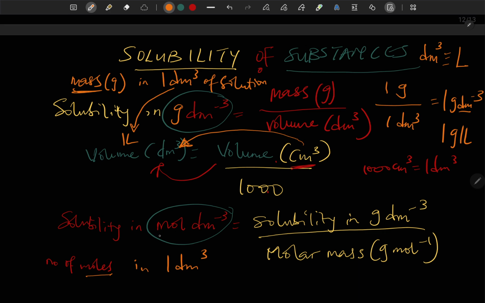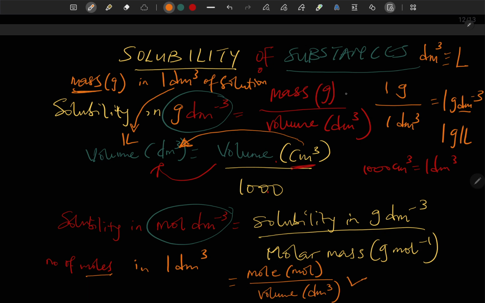and so the unit is mole per dm cube. The formula for finding solubility in mole per dm cube is equal to mole, which the unit is mole, over volume in dm cube, the mole of the substance divided by volume in dm cube.